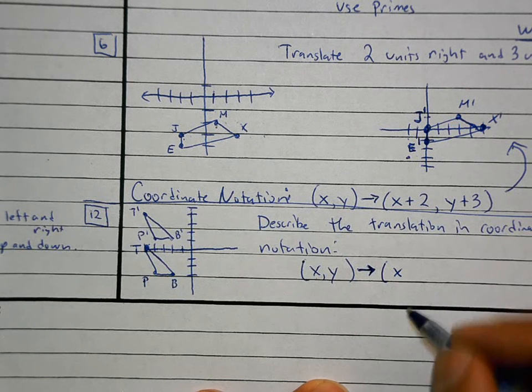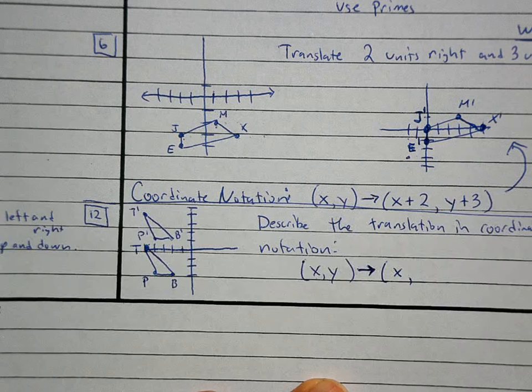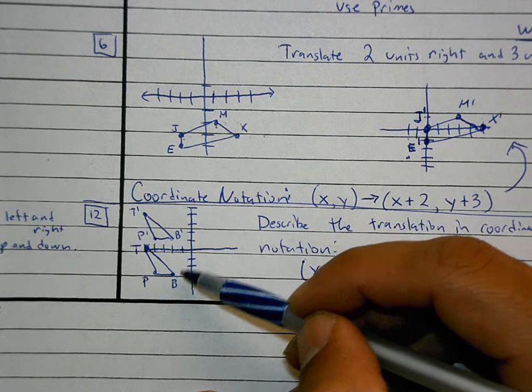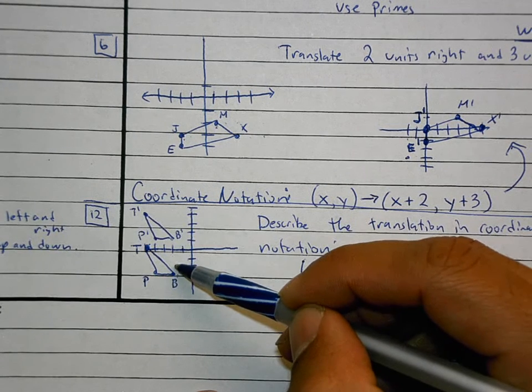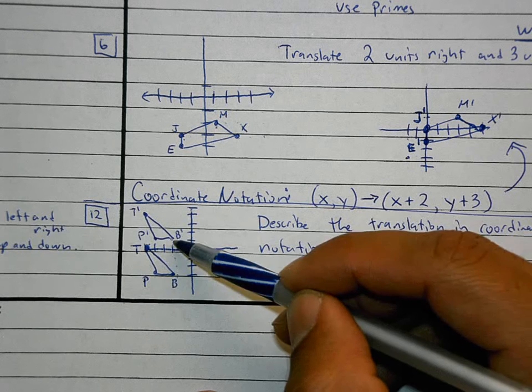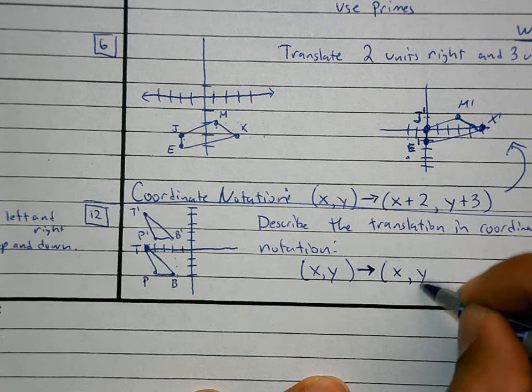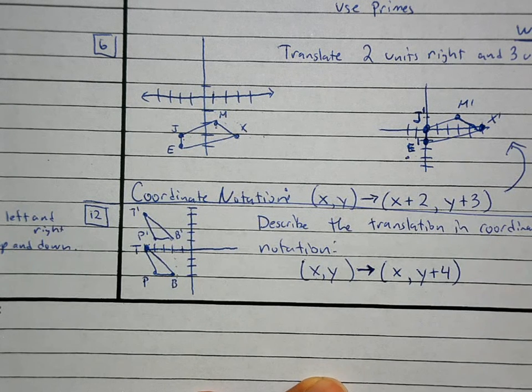And then, what about the y value? What did we do? How far up did we go? I think it's 4, so I'm going to put y plus 4 there. And that's the answer. That's all we have to do.